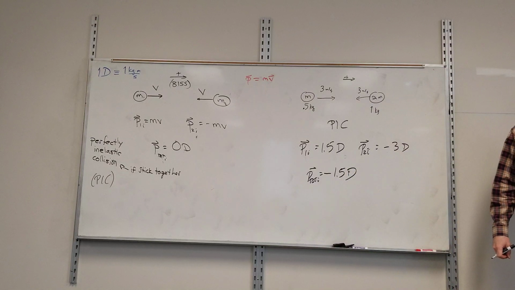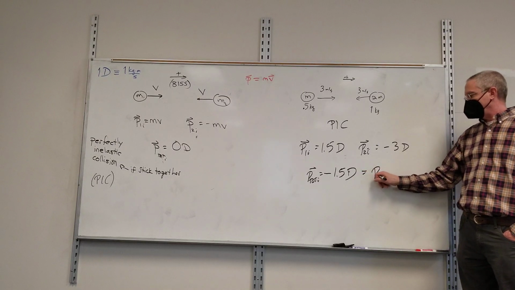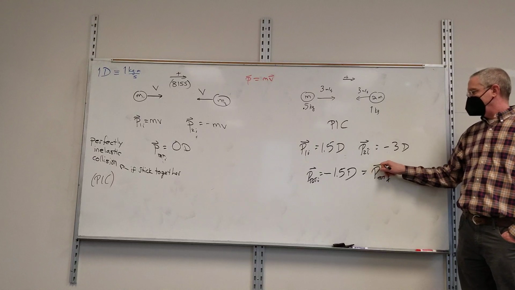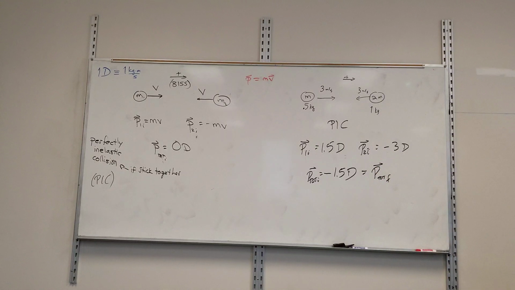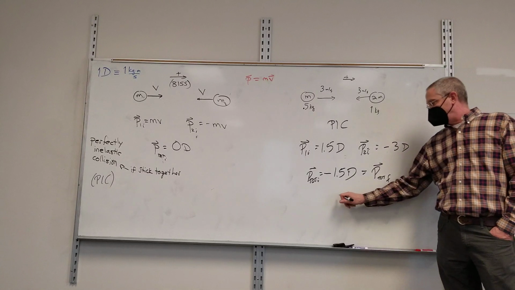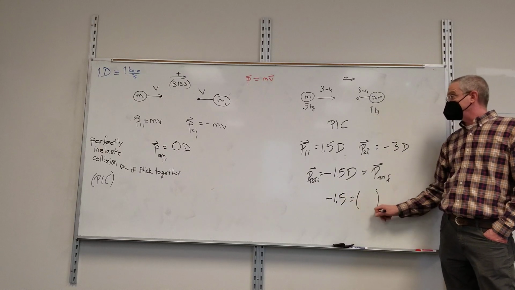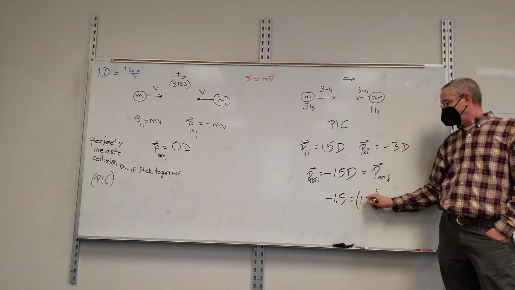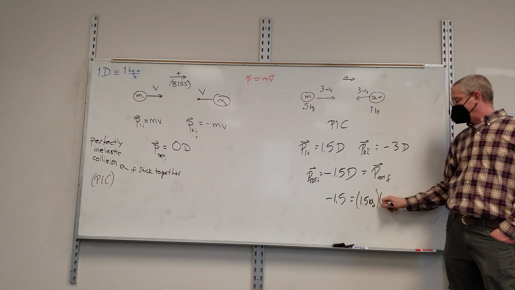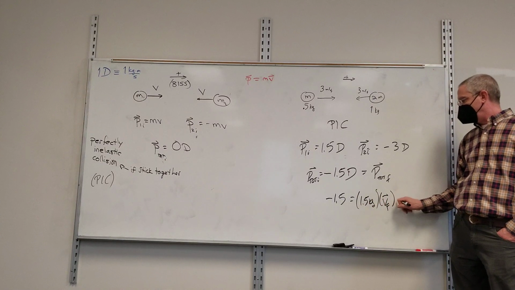What's the total after they collide? Yes, should be the same thing. And if they're sticking together, because I said it was a perfectly inelastic collision, well, I got negative 1.5, that's my momentum, and that's going to be equal to the new mass, which is 1.5, times whatever the final velocity is.